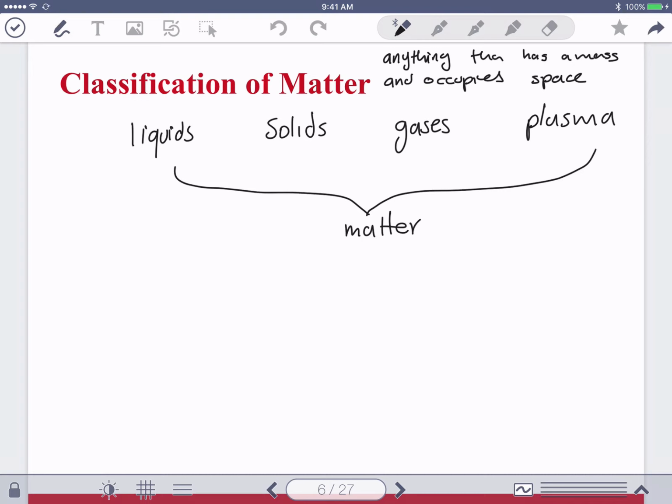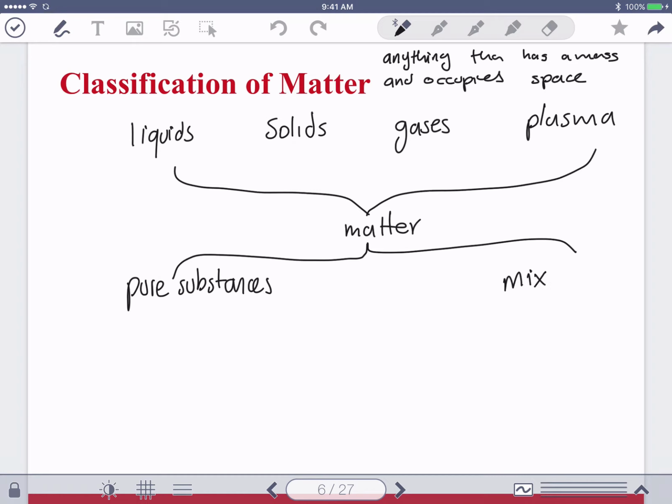Okay? Now, when I start looking a little deeper into what matter is made of, I can actually classify it into two main groups. The first one are pure substances, and the other ones are mixtures.